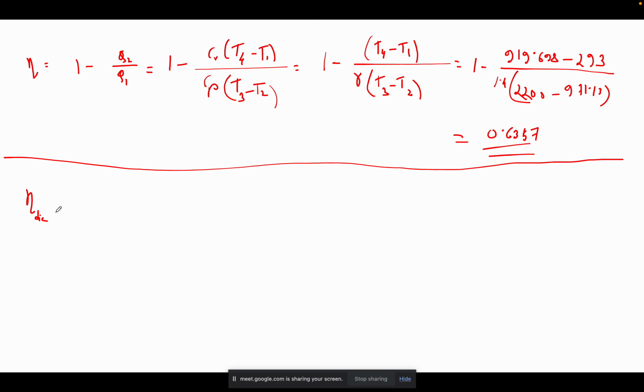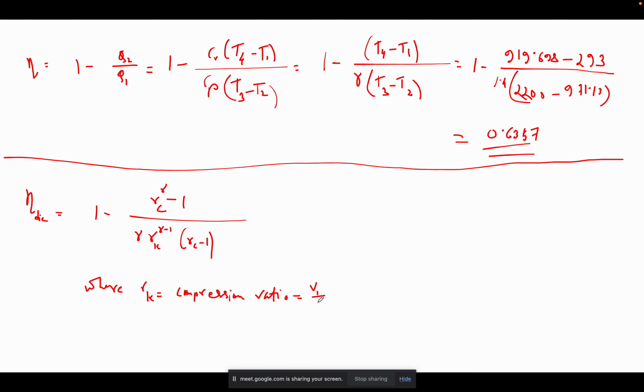Eta diesel is 1 minus Rc to the power gamma minus 1 divided by gamma into Rk to the power gamma minus 1, into Rc minus 1, where Rk is the compression ratio, that is V1 by V2, and Rc is your cutoff ratio, which is nothing but V3 by V2.